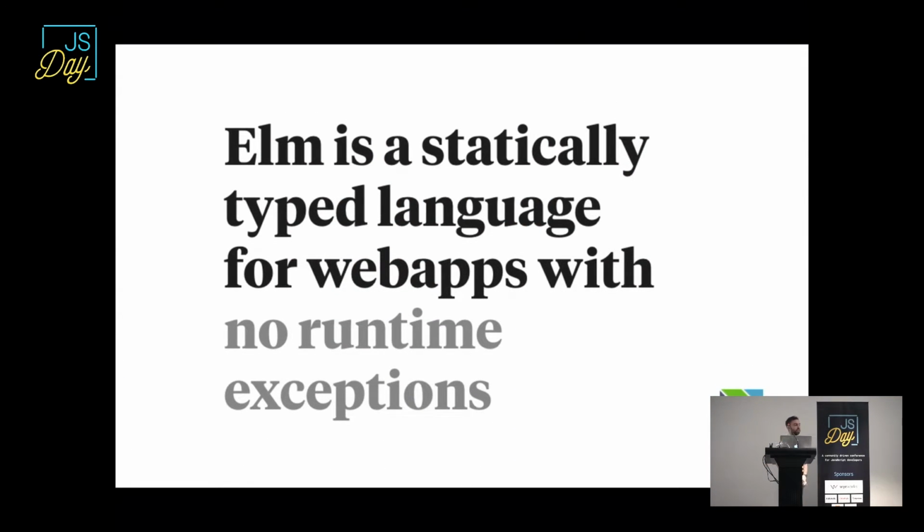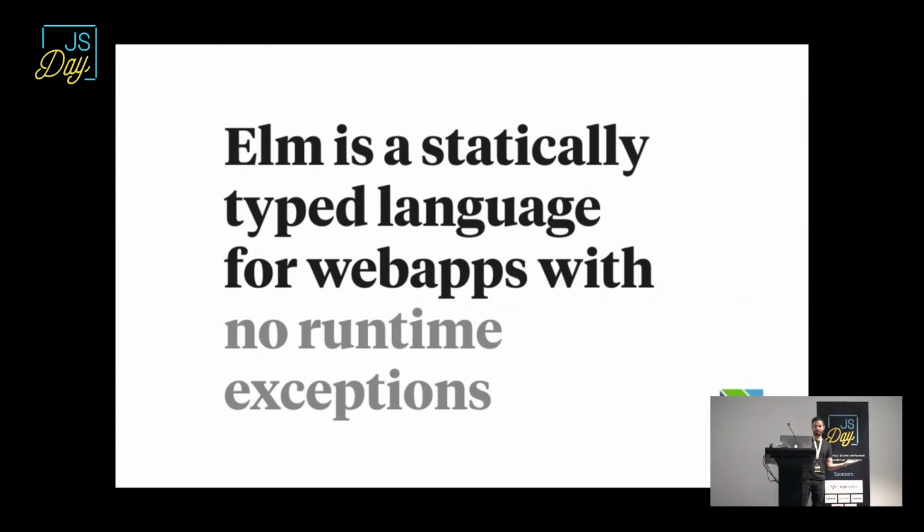Okay, but if you look around in the JavaScript universe, you see a new language called Elm, and it's a statically typed language for web apps, and that's the thing that got my attention. There are no runtime exceptions. There's no way to get errors at runtime in production. So what's the point?